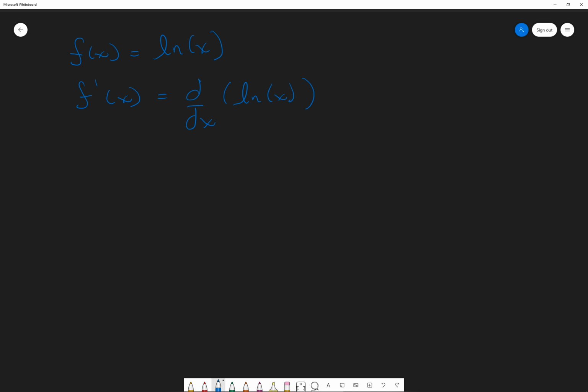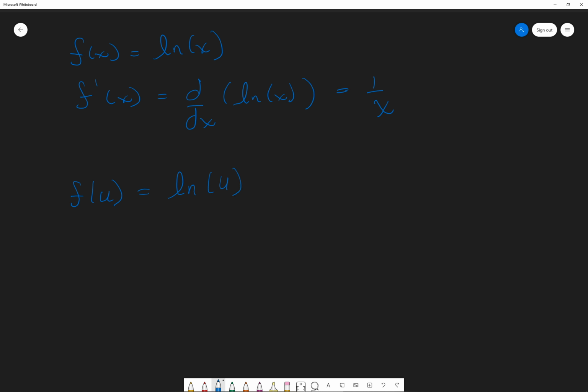Well, that is 1 over x. Okay, that's fine. So let's say you want to do a u substitution. Let's say it's not as simple as x. So we have some function of u equal to ln of u.